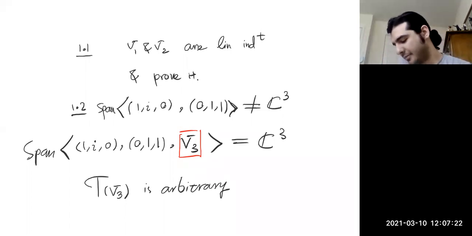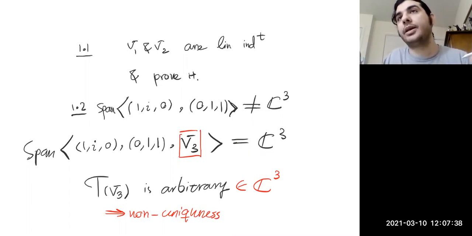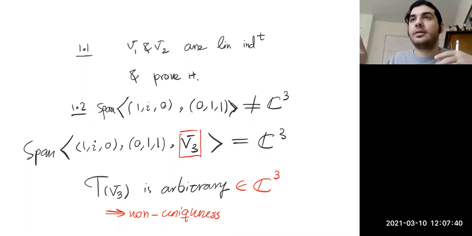Because it can be arbitrary, anything inside C3, it gives me the non-uniqueness. So if I want to write down the answer, I would say: because V1 and V2 do not span the whole C3, there is a third vector, which together with them generates all of C3, and the value of the map is not defined on that vector. That can be anything, and that gives me the non-uniqueness property.